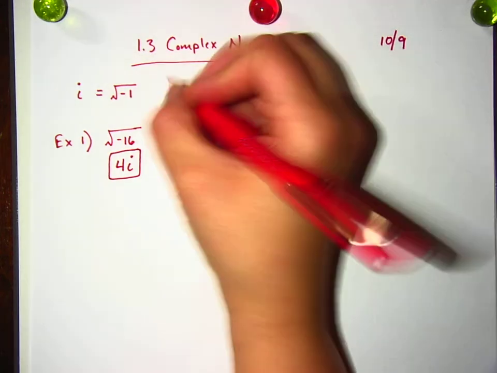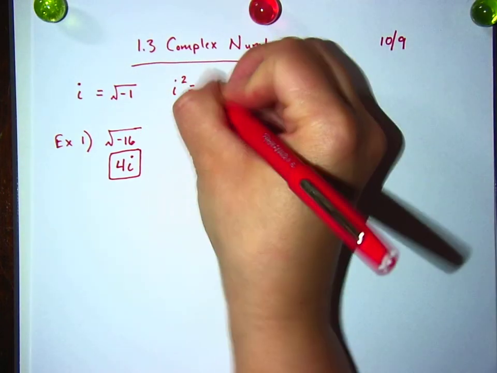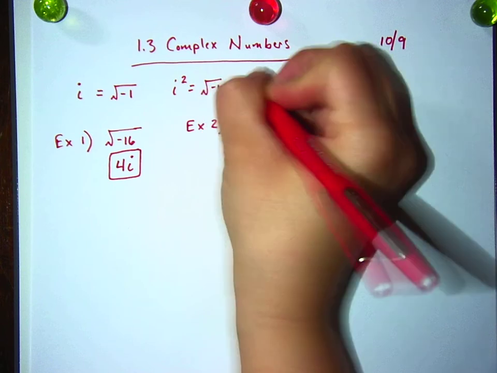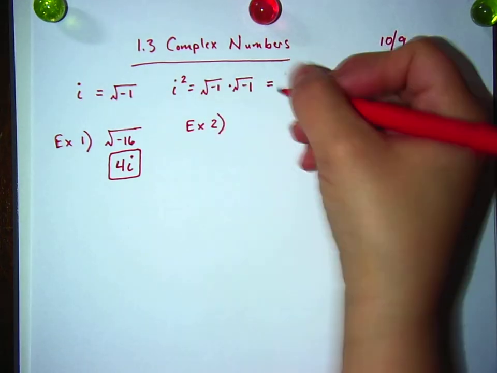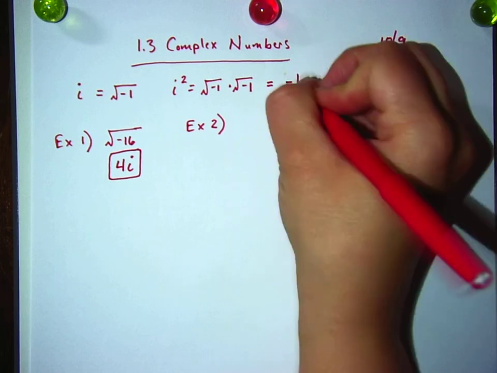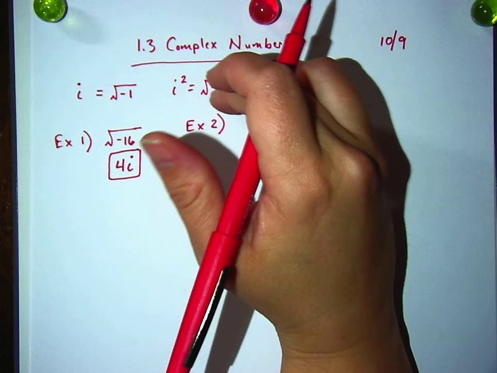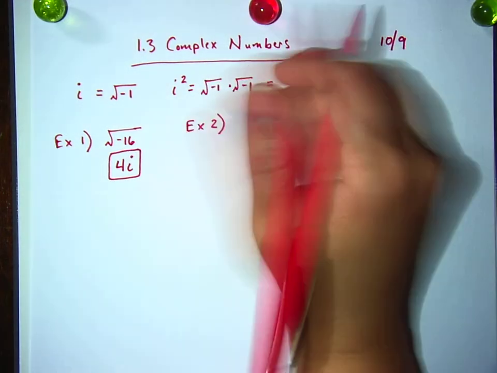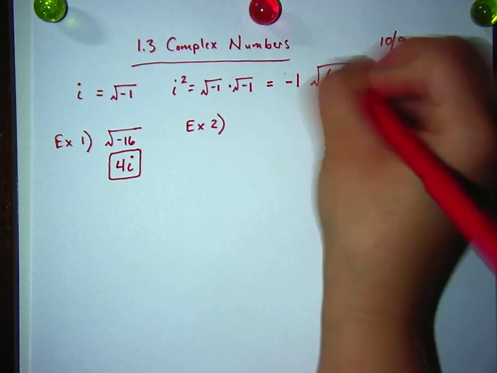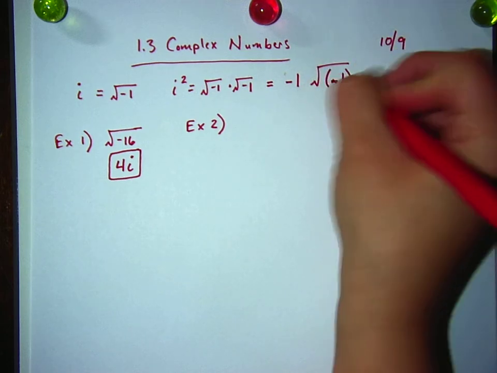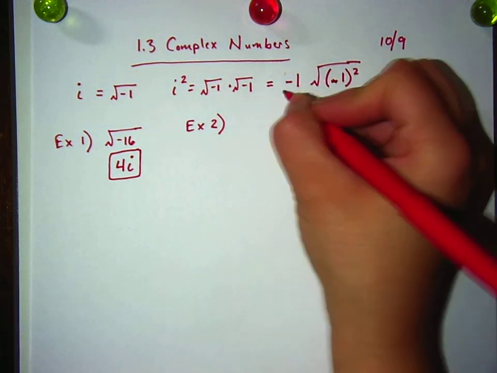For example, if at some point you manipulate your equation to get an i squared, well, an i squared is the square root of -1 times the square root of -1, and that is the same thing as just -1. Because a square root times a square root would be -1 squared underneath there, the square root of -1 squared, and a square root would undo itself, so you end up with -1.